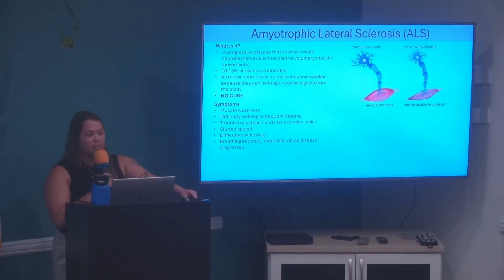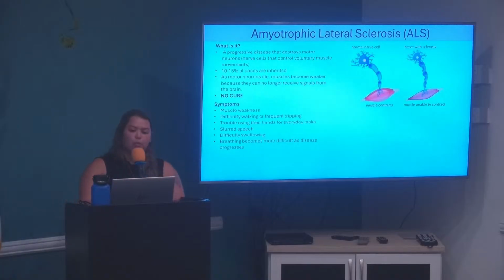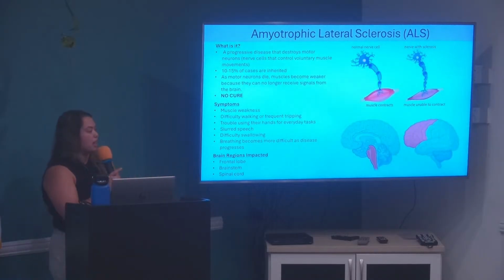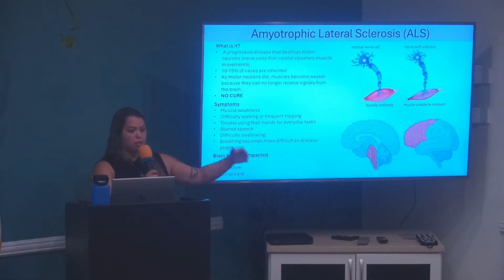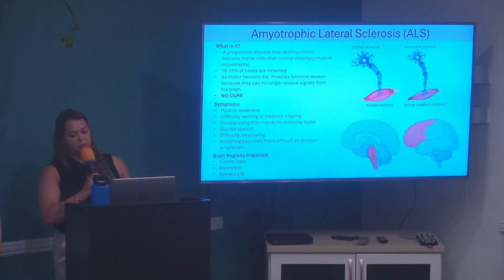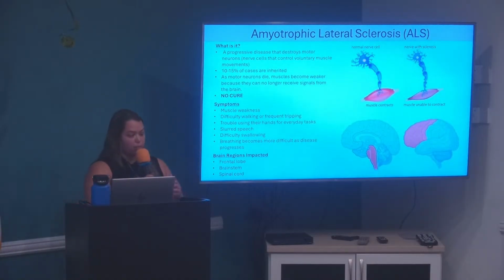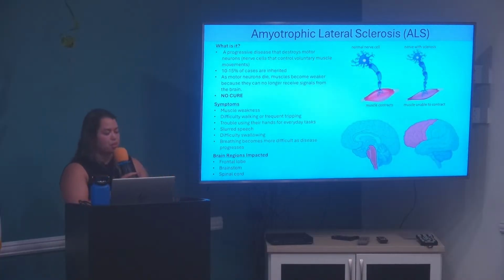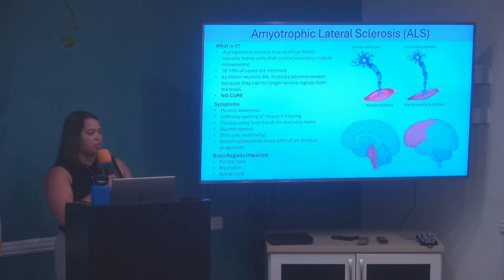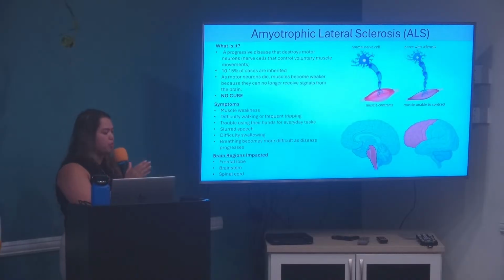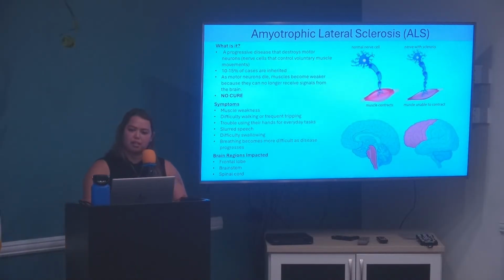Difficulty swallowing is kind of an end stage symptom, and breathing becomes more difficult, which is also an end stage symptom. This really attacks the brainstem, the connection between your brain and your body, as well as your frontal lobe. And the symptoms do include emotional regulation issues that you also see towards the beginning of the disease.